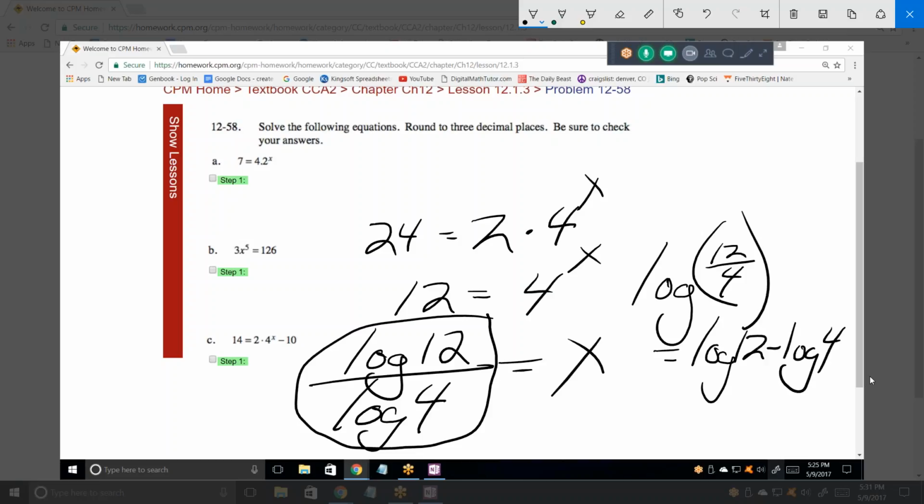But notice we don't have that. We've got the log of 12 divided by the log of 4. There's no simplifying that. You can't cancel the logs, you can't do anything. That's the answer. That'll give you a number in your calculator, and only in your calculator will you be able to get that number.